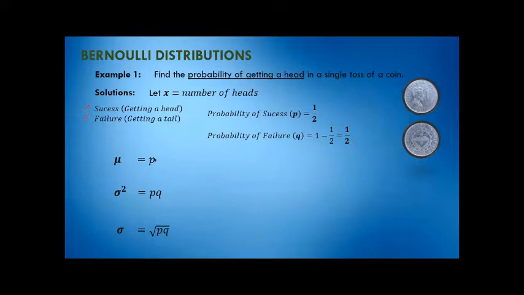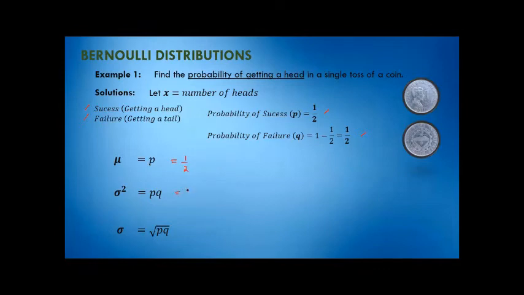Now, if we're going to compute for the mean, variance, and standard deviation, isa-substitute lang natin yung P and Q. So we have P is equals to 1/2, then Q is equals to 1/2. So for the mean, kung ano yung probability of success, yun na rin yung value ng mean. So we have 1/2.